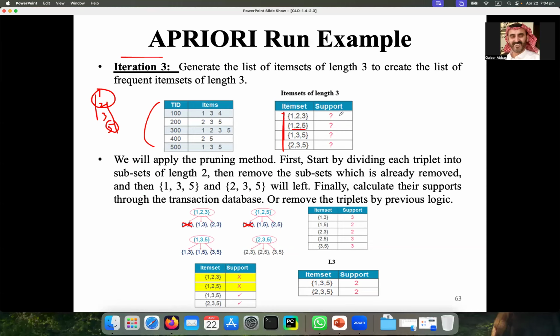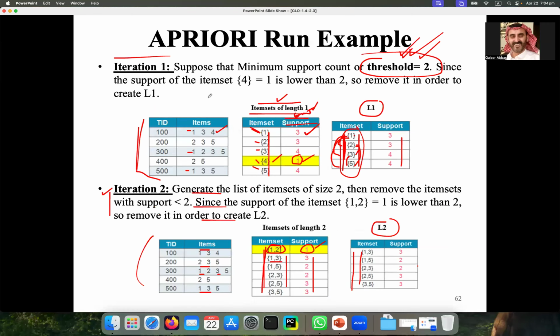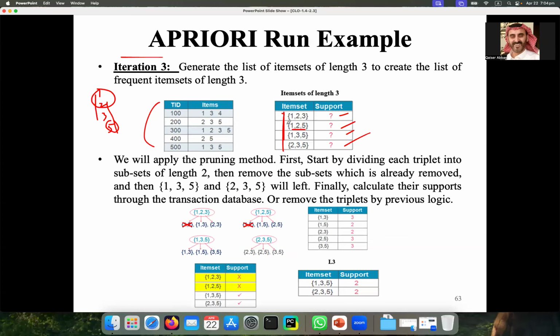We now have to count the support. One easy way to count the support is by using that previous approach that you have seen at iteration 1 and iteration 2. So 1, 2, 3: how many times?